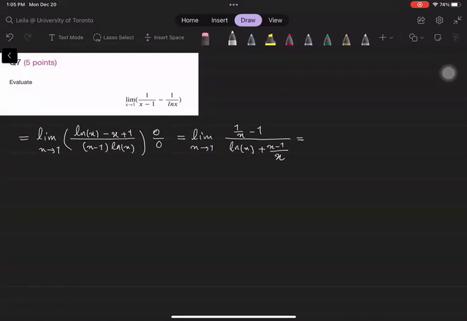and then if you want, I'll go over the other ones because this one's easy. If you just again simplify, you're going to get 0 over 0 again. So it's going to be limit of 1 over x. And then you can use L'Hopital's again.